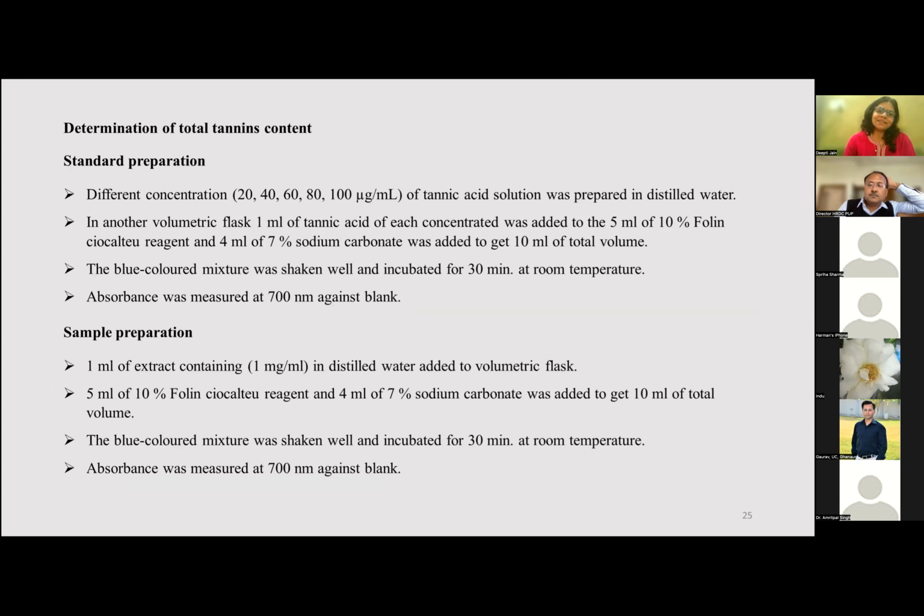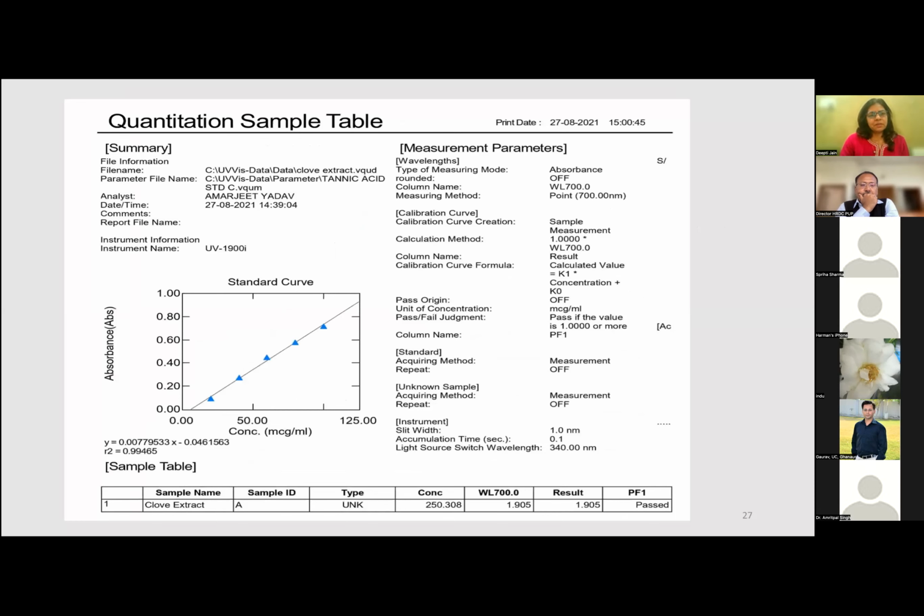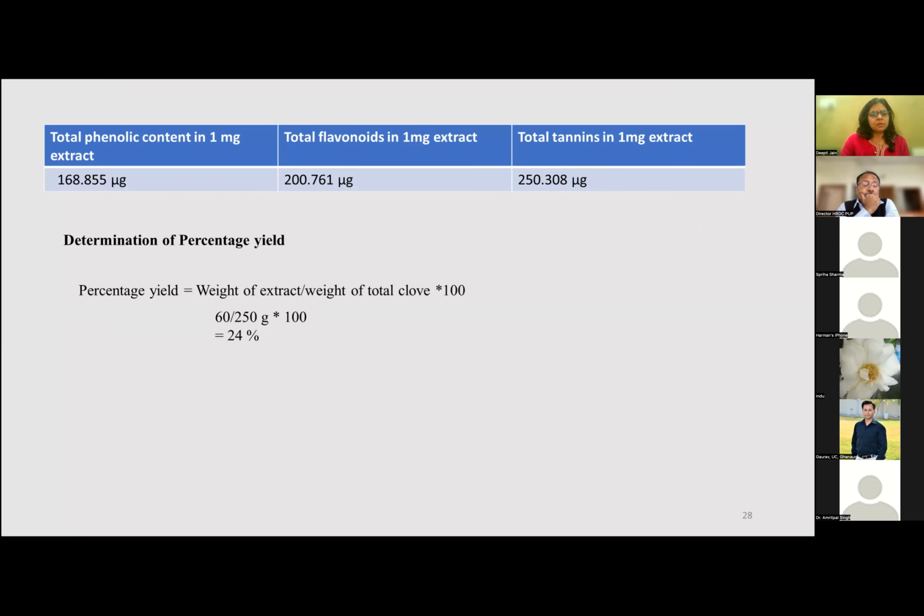So the resource from which you collect these natural things is important. That's why, if a standardized product is available, then the acceptability is much higher and the results are also much better. This is the quantitation of all chemical constituents.